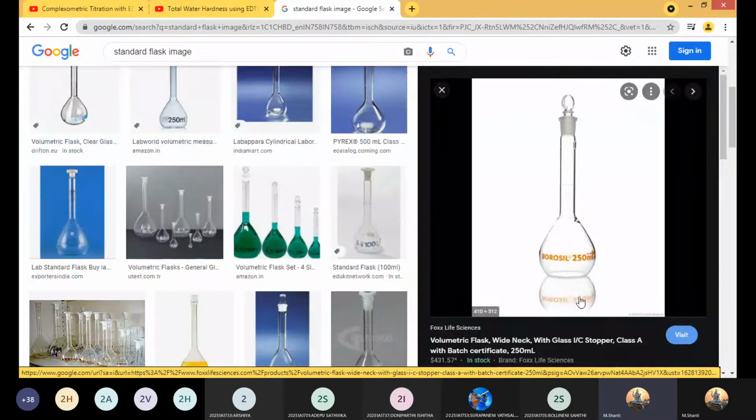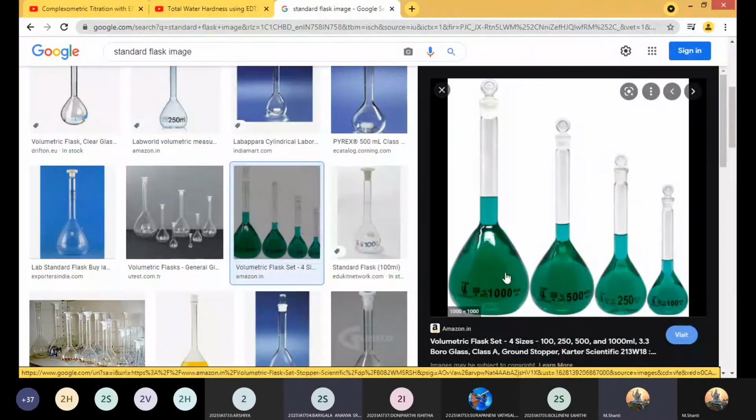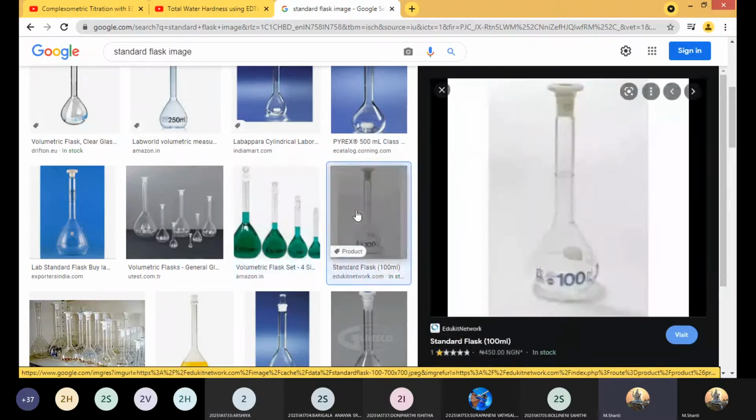Okay, can you see, girls? These are nothing but your standard flasks, and these will be of different capacities: 1000, 500, 250, 100. If you are preparing a 100 ml standard solution, you just have to take this flask, and always remember you will be having a marking here. Till that mark, you have to add the distilled water. For colored solutions, you have to check for the upper meniscus, and for colorless solutions, you have to check for the lower meniscus.